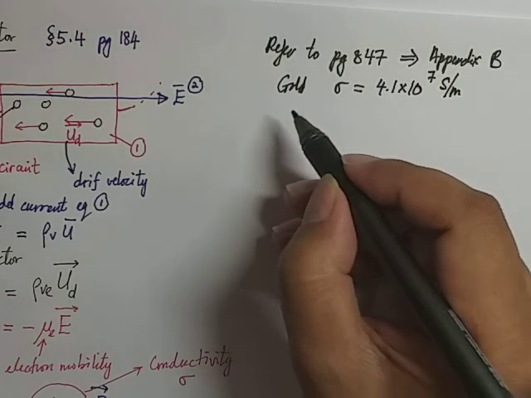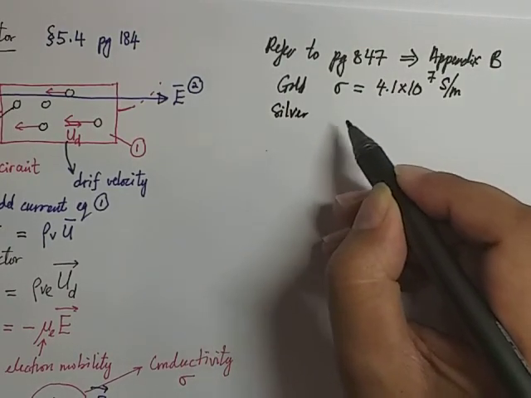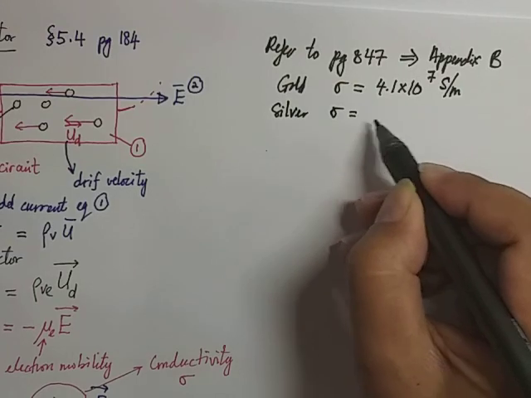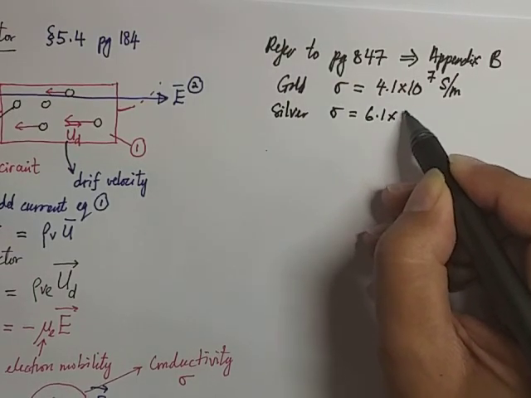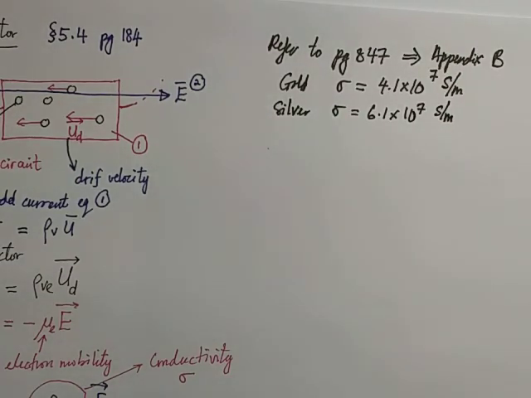Another good conductor that is used a lot in engineering applications, especially electrical, is silver. The sigma here is 6.1 times 10 to the power of 7 Siemens per meter. So you can see sigma is an important parameter to define the quality of the conductor material we are dealing with. For a good conductor, the conductivity should be very, very high.